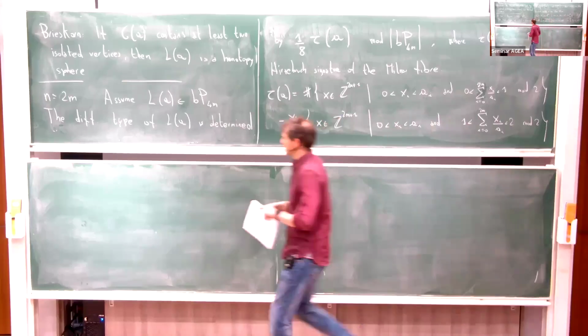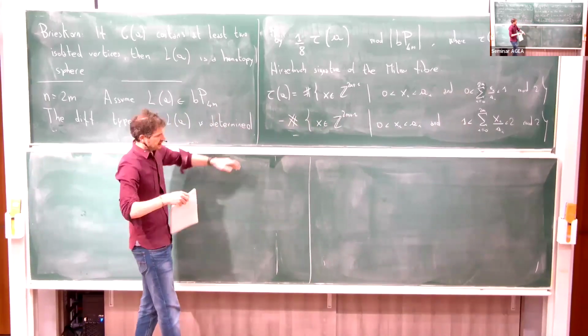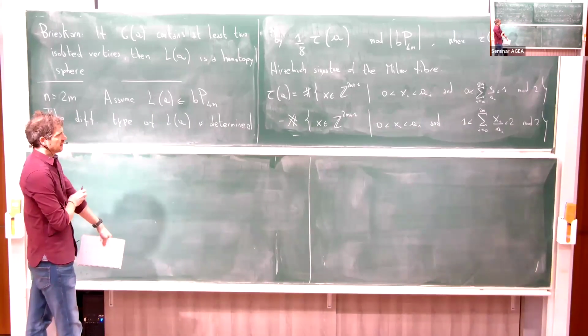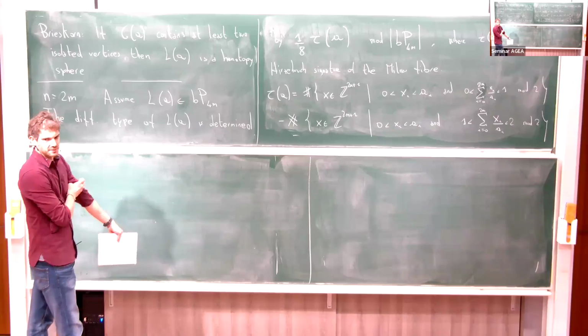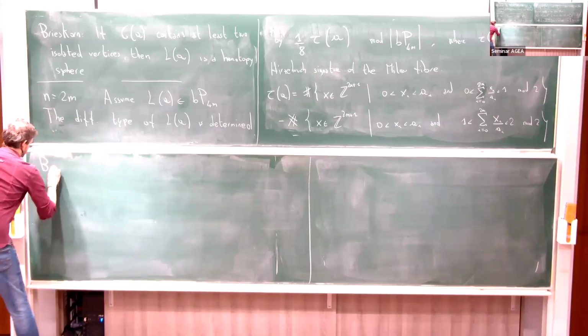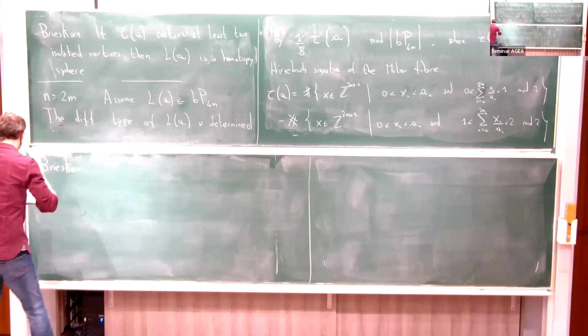And now, for instance, in this way, you can construct all exotic spheres that bound parallelizable manifolds. I will show you. This is not our construction. This is Brieskorn stuff.